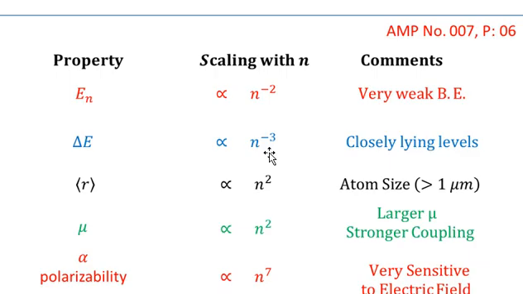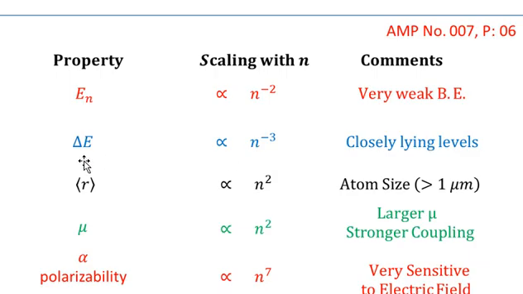This is valid for closely lying levels, and delta E will be proportional to 1 over n cubed. So if you are working with Rydberg atoms in very high quantum states, then of course the delta E will be a very small quantity.